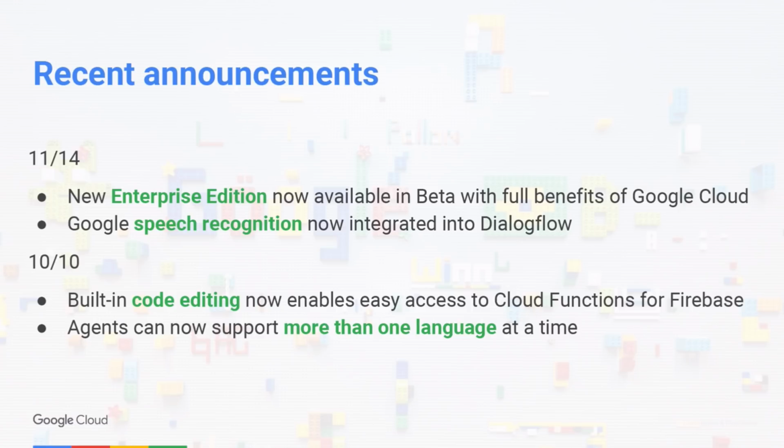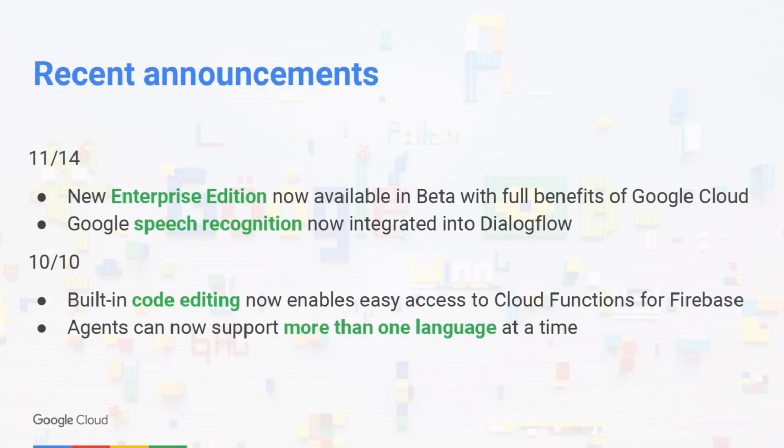Just a couple of the new announcements from the last month or two. In mid-November, we announced a new enterprise edition that's available in beta and is part of Google Cloud with all of the benefits that entails. We also announced speech recognition that is now built into Dialogflow.